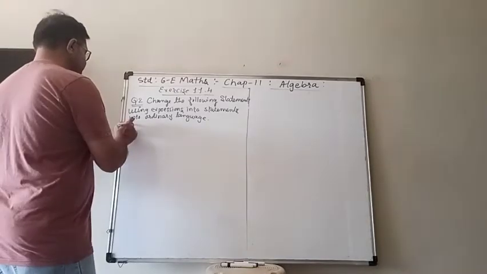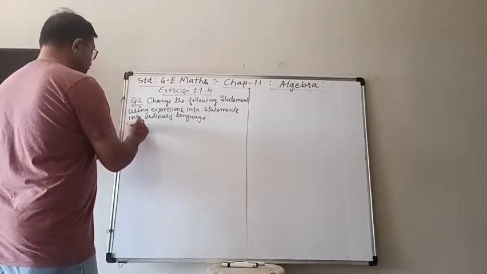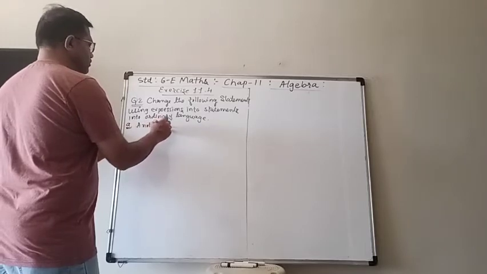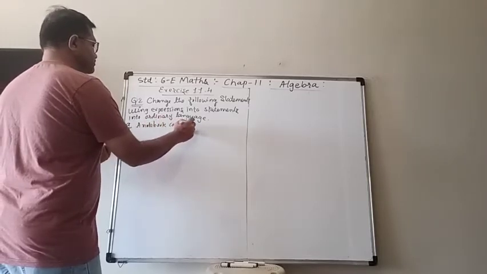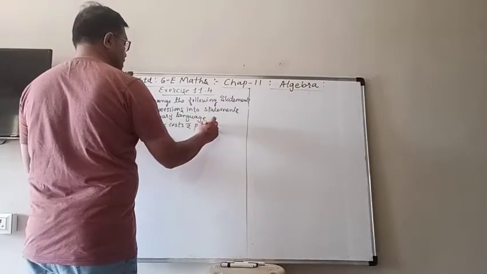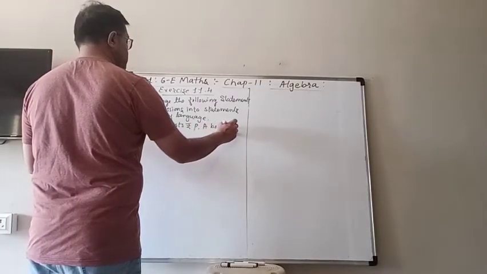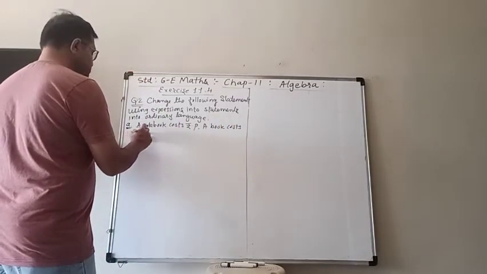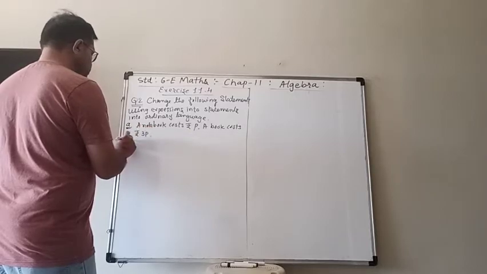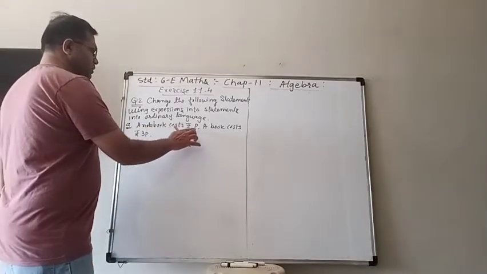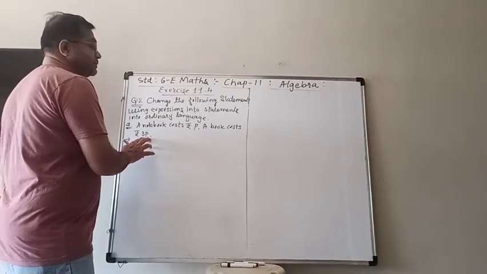First one, A. A notebook costs rupees P. A book costs rupees 3P. So here you can see that it is P and that is 3P, means 3 times.